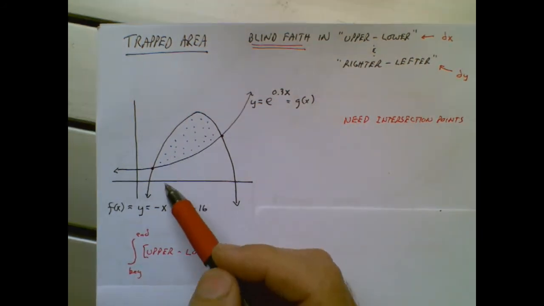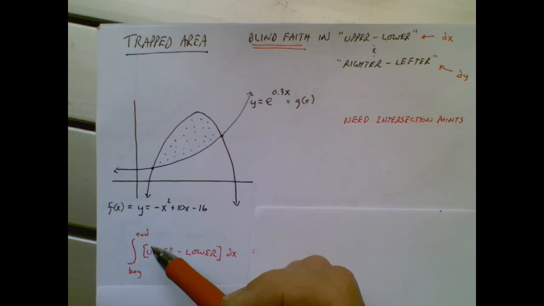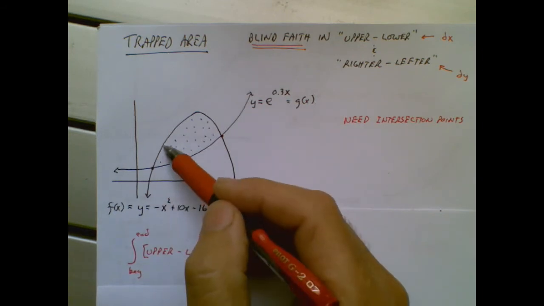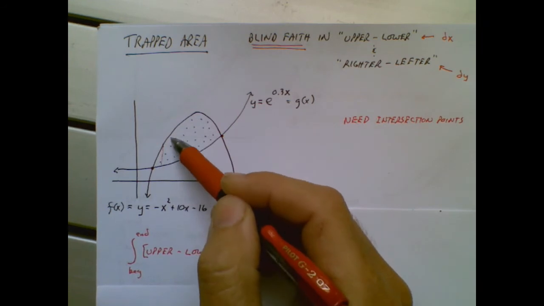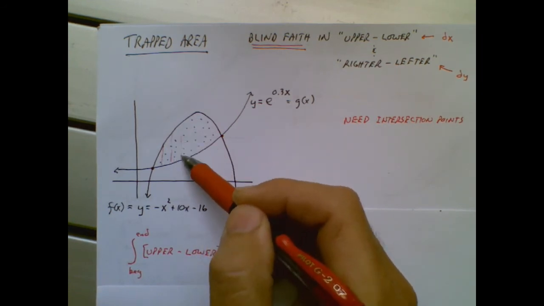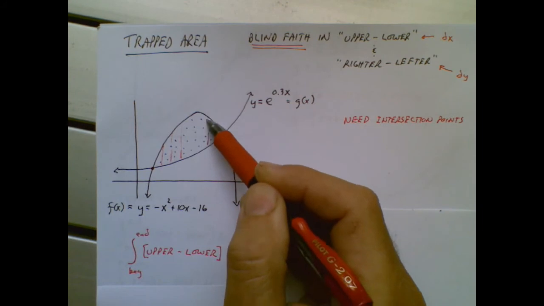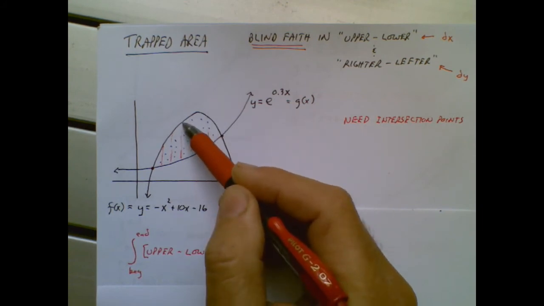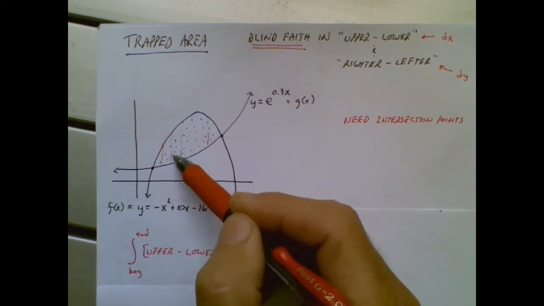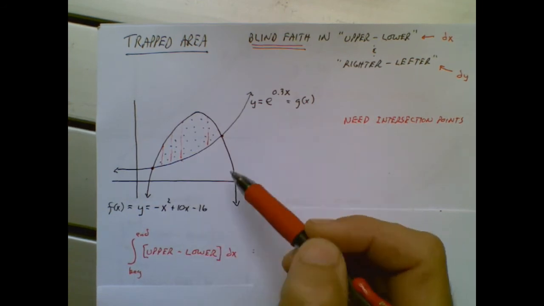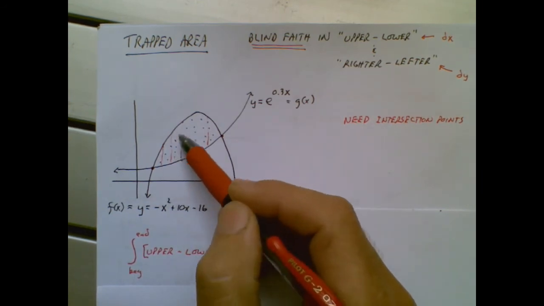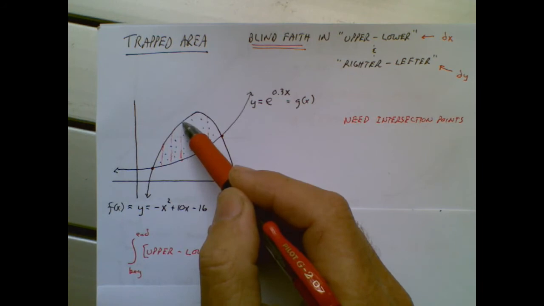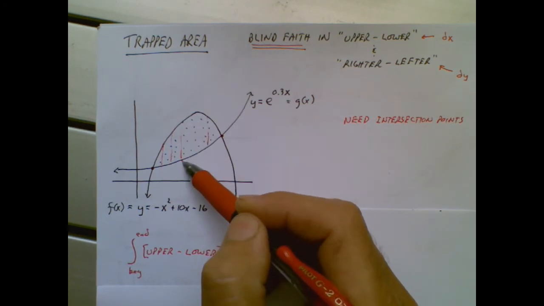So in this case, I'm going to do upper minus lower, and I'll explain why. If I do any slice of this region, like right here, or right here, or right here, or even over here, I'm always going from the upper function, which is f of x, down to the lower function, which is g of x. Every one of those slices is a distance between the upper and the lower function.